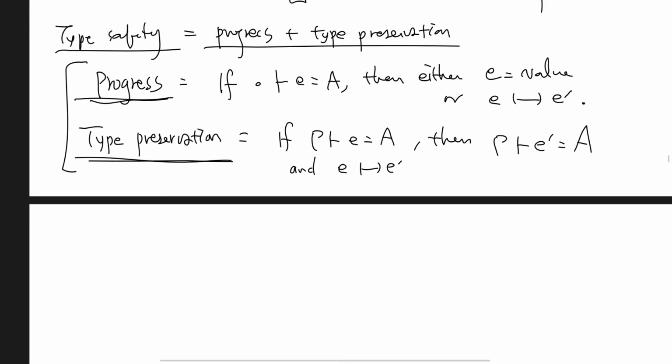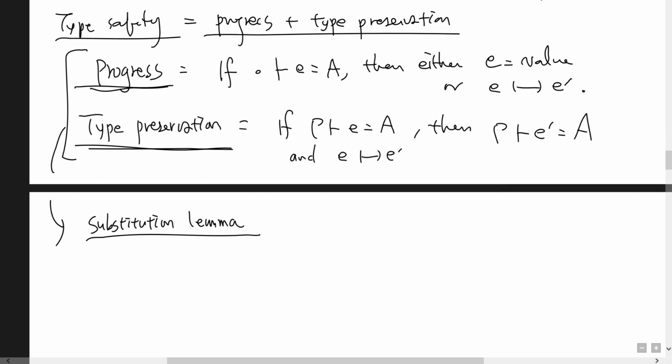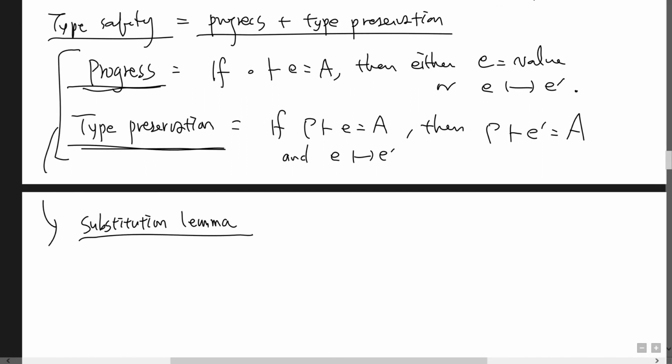Remember that in the proof of type safety, the substitution lemma played a key role. But the situation in System F is slightly more complicated because we have not just one substitution lemma, but actually three different substitution lemmas.